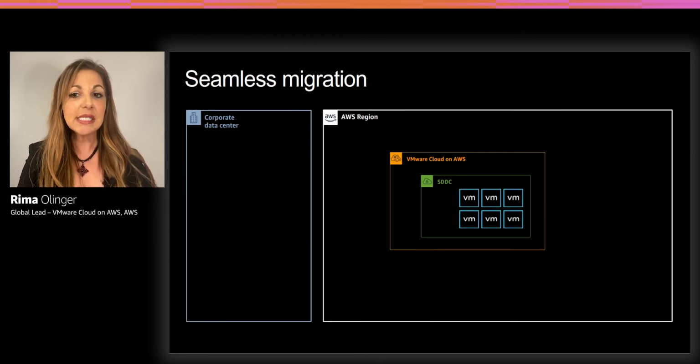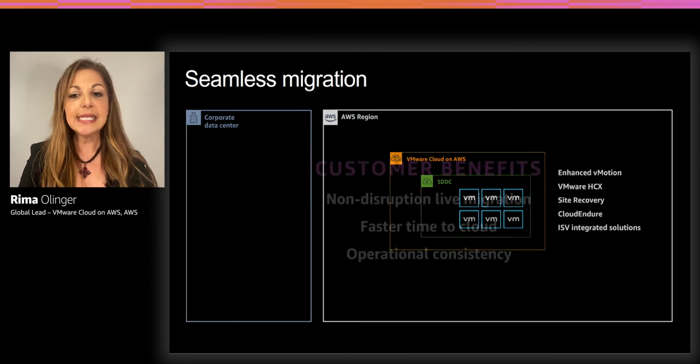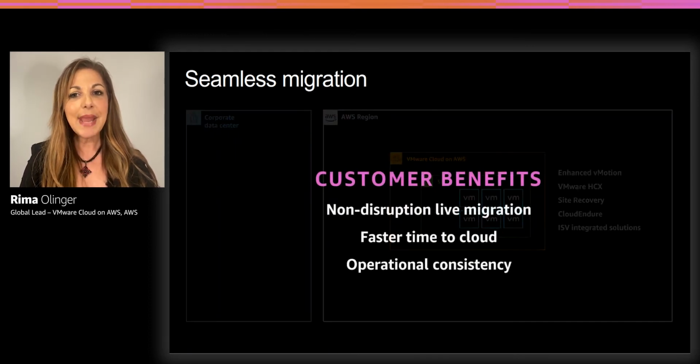Depending on the size of the virtual machine, the number of the VMs, or whether zero downtime is required, we have the right tool for the right job for our customers, whether it's ranging from live vMotion, Hybrid Cloud Extension, or certified third-party ISV solutions. The key customer benefits continue to be migration speed and simplicity, and most important, maintaining the operational consistency with their existing VMware environments.